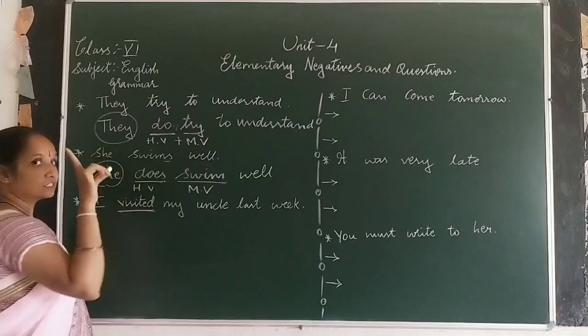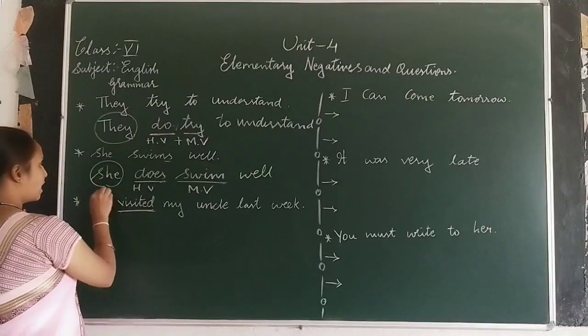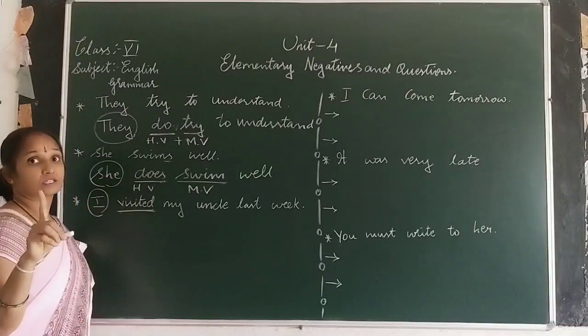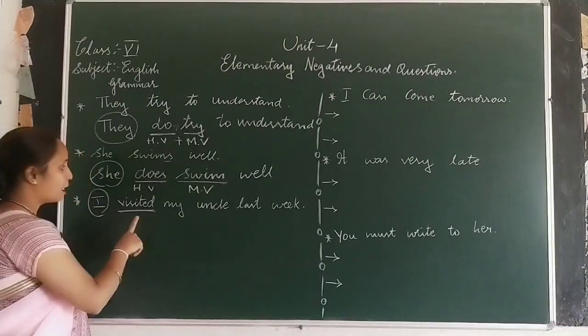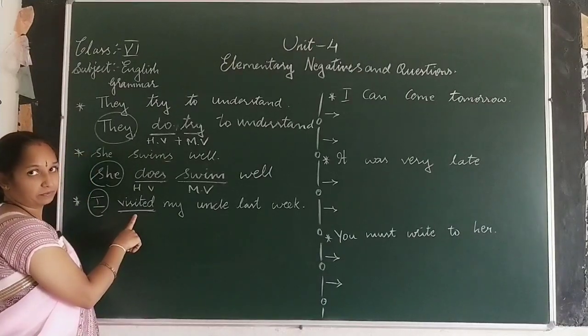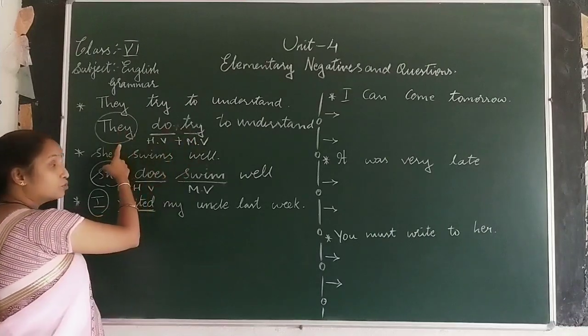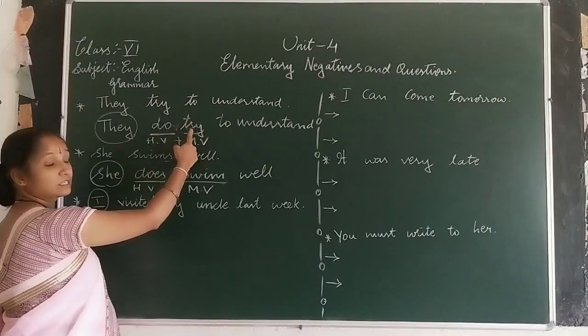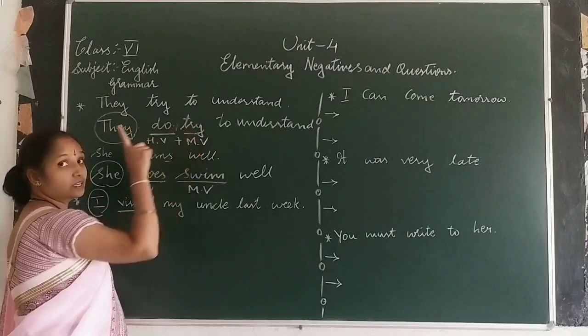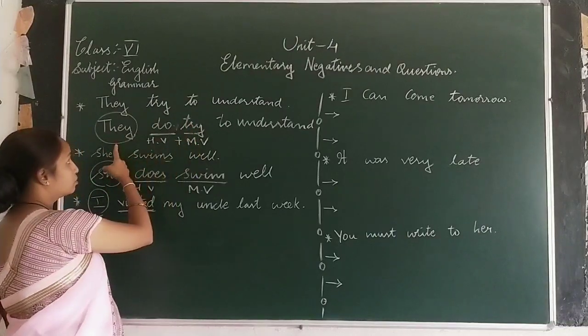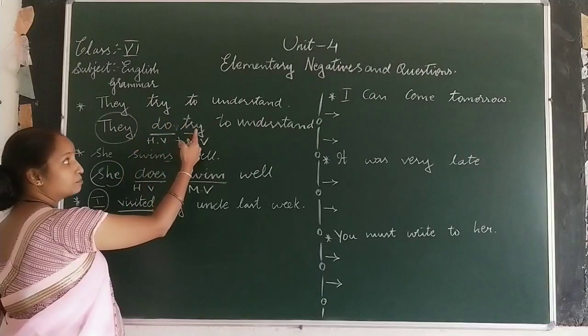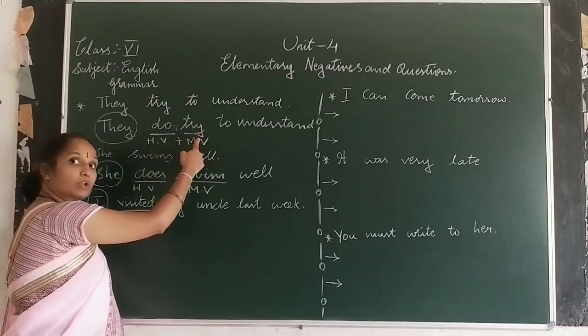She is a singular subject. I is also a singular subject with a past tense verb. When the plural subject comes, the main verb will be in plural only.